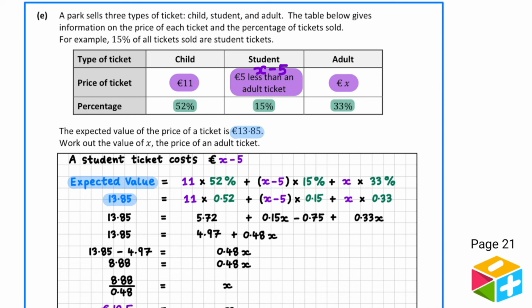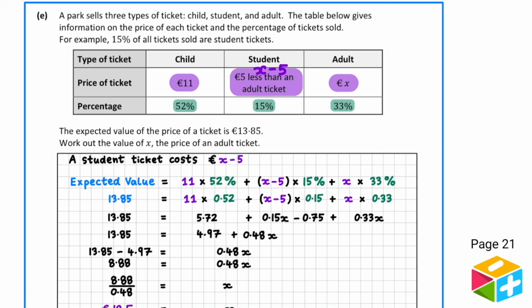To make things easier for our calculator, I'll convert these percentages into decimal form. We do this by dividing by 100 and removing the percentage sign. 52% is equal to 0.52, 15% is 0.15, and 33% is 0.33. Now let's simplify.